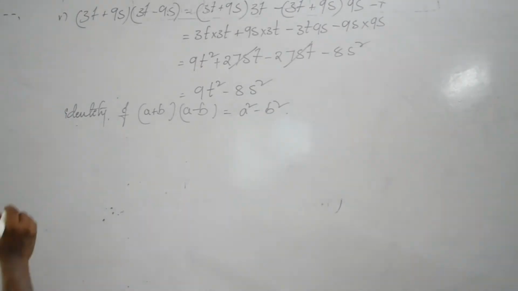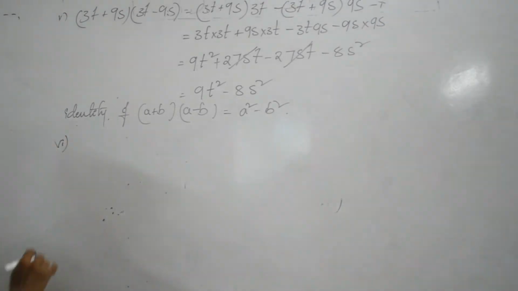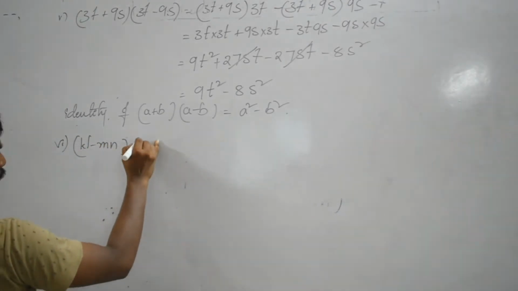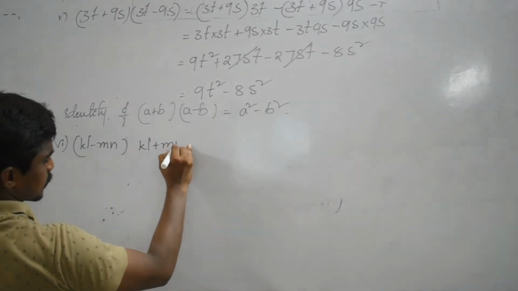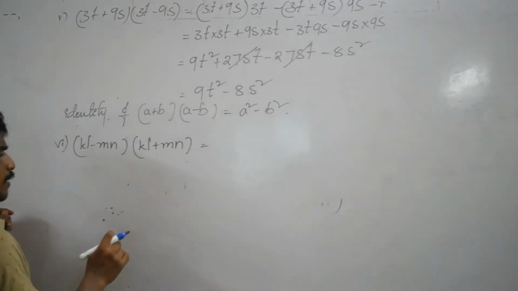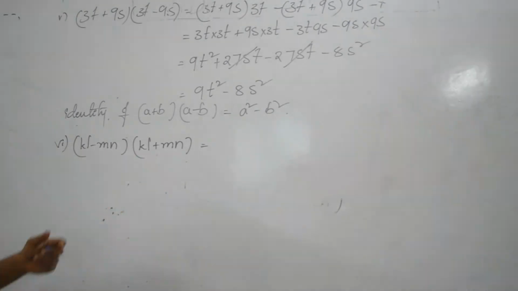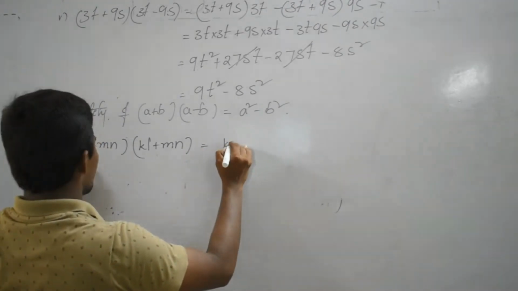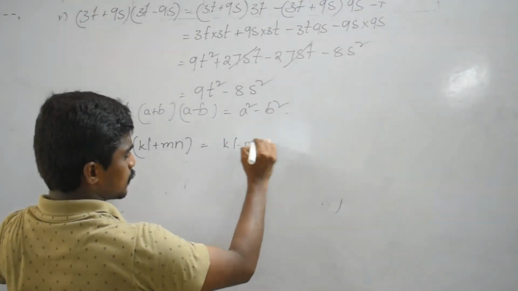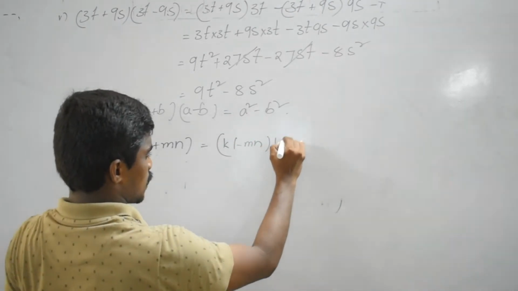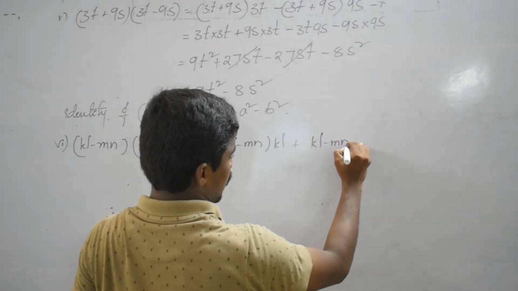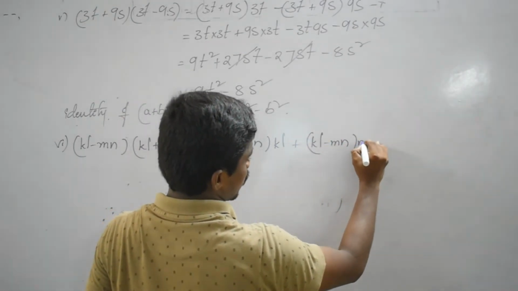Next, the sixth one: kl minus mn, kl plus mn. So here both are binomial expressions, and you take the product of these expressions. kl minus mn cross kl plus kl minus mn cross mn.